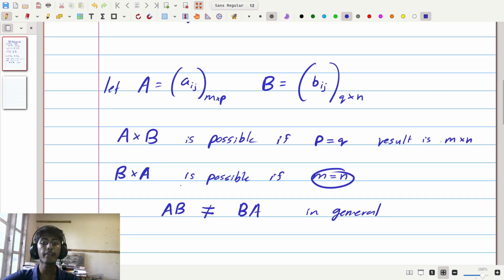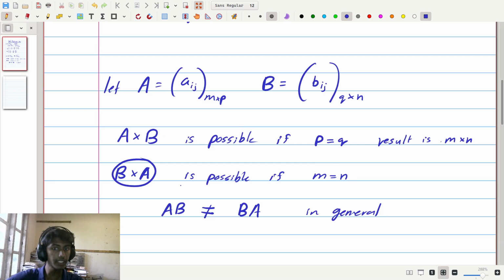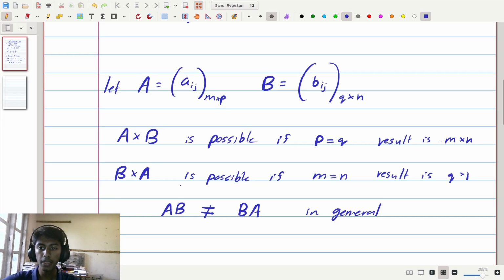Similarly, if we have M equals N and we try to do B times A, then the result is going to be a Q by P matrix. Number of rows first and then number of columns. So Q by P here, M by N here. So we're going to have a resulting matrix that's going to be, in the first case, M by N, and in the second case, Q by P.